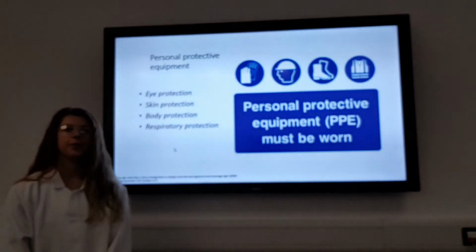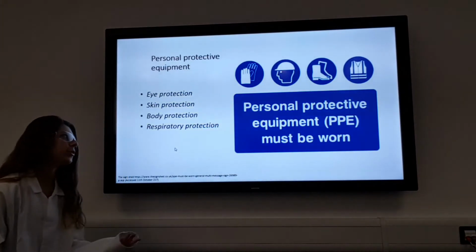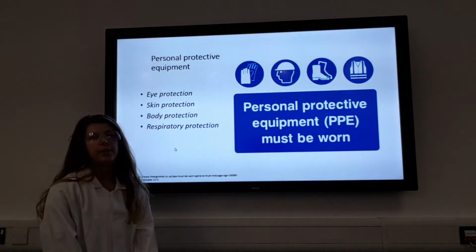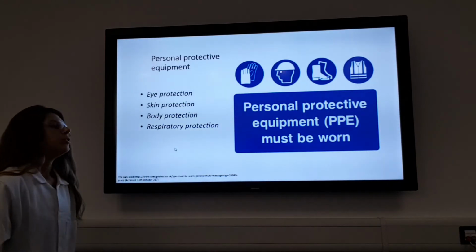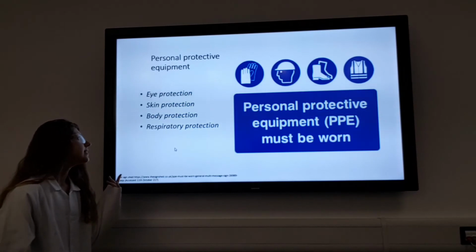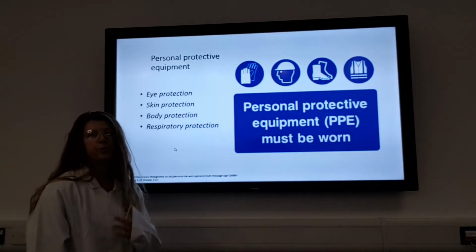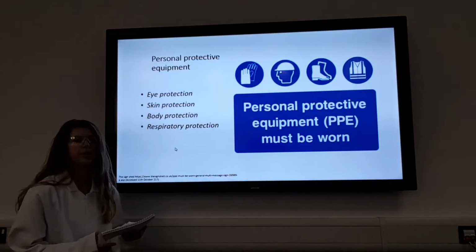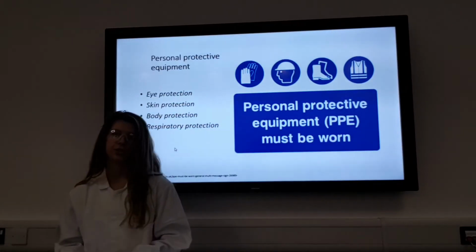Okay, so now I'm going to talk about some personal protective equipment when handling DNPH. Like in most experiments, you will need glasses and full body coverage. But here you also need gloves because it causes skin irritation.